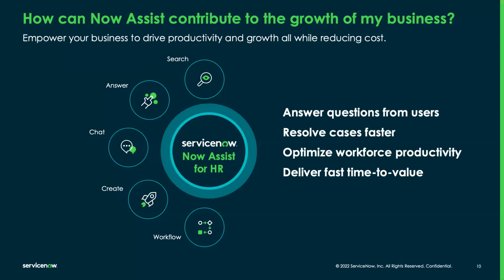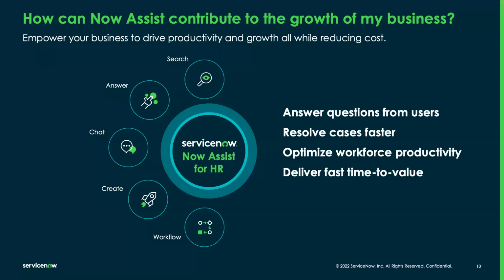We're optimizing the workforce productivity. Sometimes we're having agents working on mundane tasks, and we want them to focus on the more business strategic tasks or on the higher priority, and it allows us to do that by optimizing that productivity for our agents.